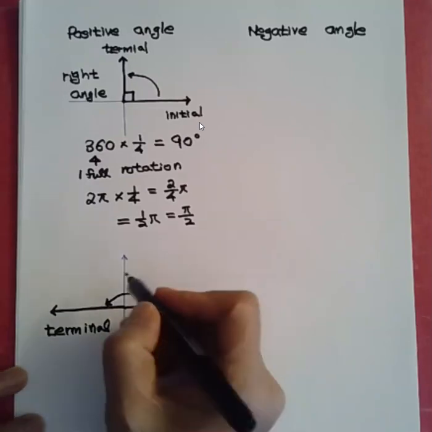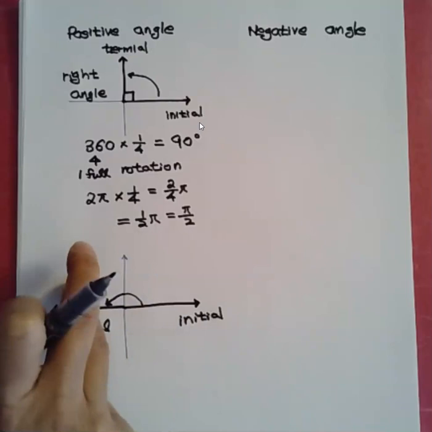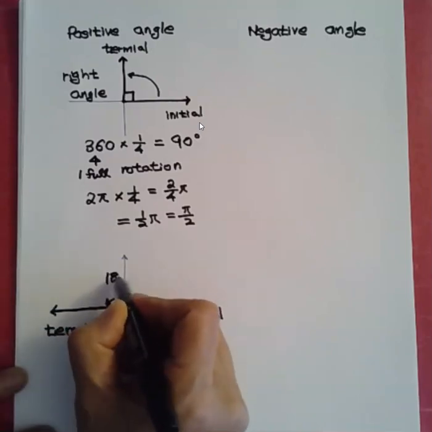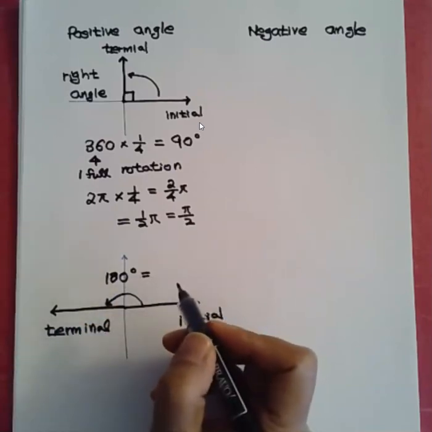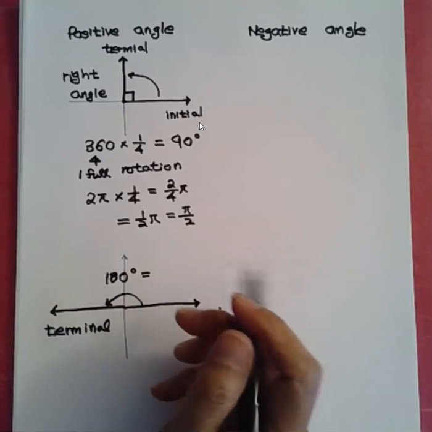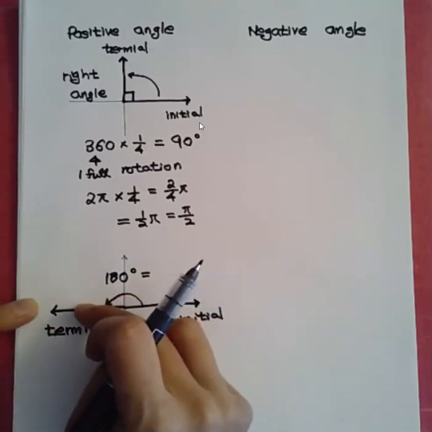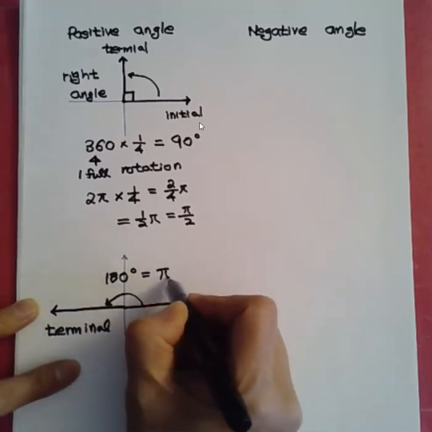So this angle will be 90 degrees plus 90 degrees, which is 180 degrees. We think the same thing with radians: this is pi/2 and 2 pi/2. That means that is pi.